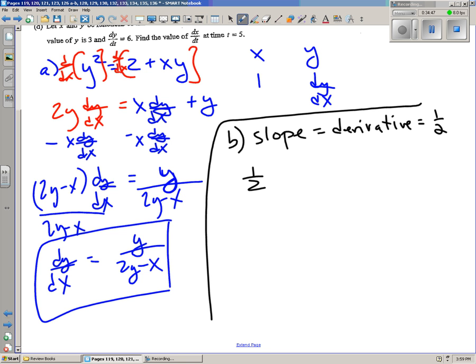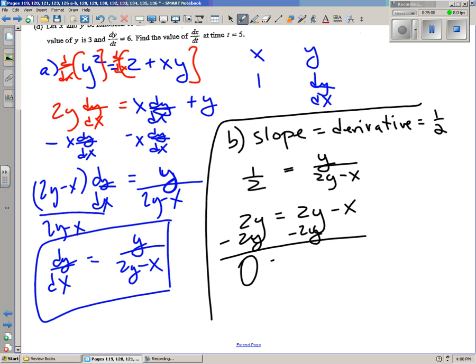So we get 1/2 equals y over 2y minus x. Cross multiply here. This might not be so apparent, but if you do cross multiply, you get 2y equals 2y minus x. Well, that's a pretty nifty little equation, because if you collect like terms by subtracting 2y, you get 0 equals negative x, which implies that x is 0.